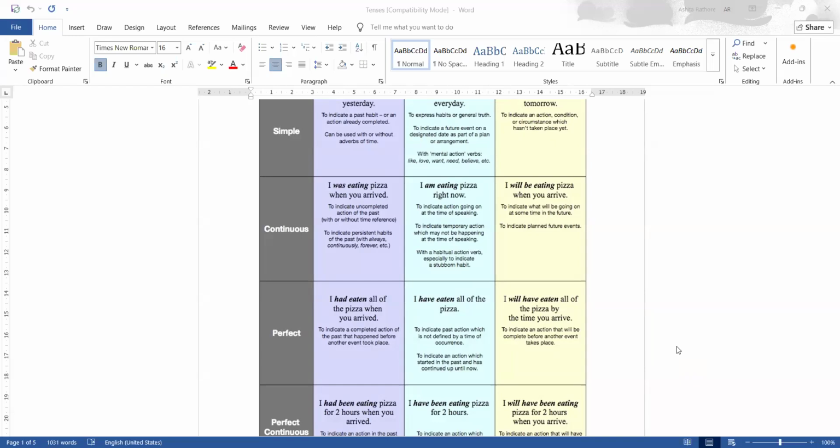Why am I saying that in simple past I'm using V2, the second form of the verb, but in present perfect or past perfect, I'm using the third form of the verb? He had already written his exam.